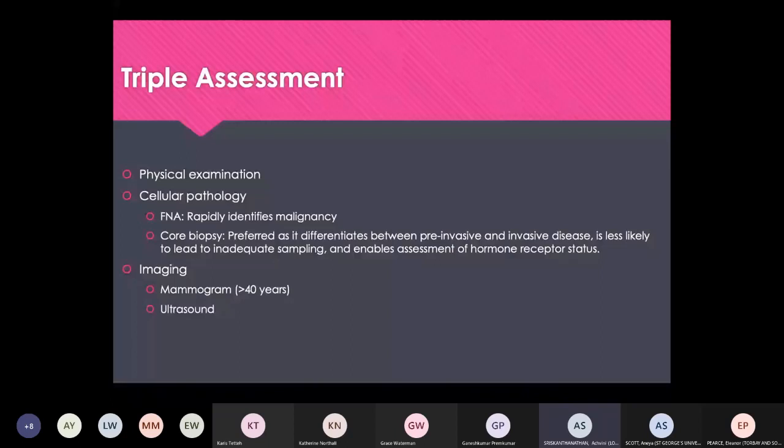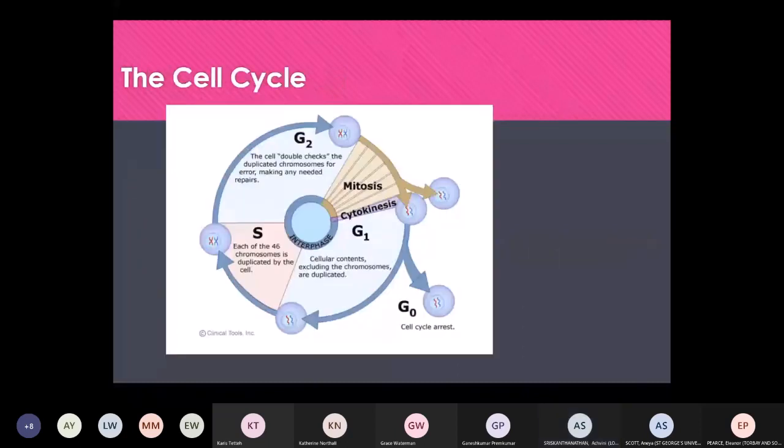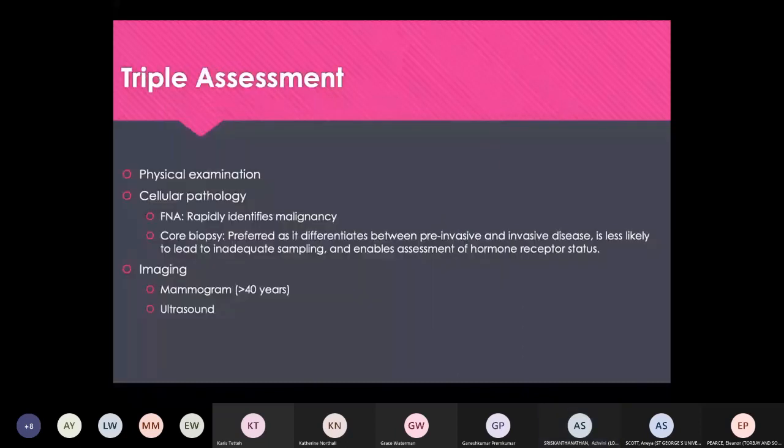We just got a question here, if you can repeat, I'm guessing about the imaging. Yeah, not a problem. So different imaging that we might do for breast lumps. If it's a woman under 40 years old, we tend to do an ultrasound, and the reason for this is 2 reasons.